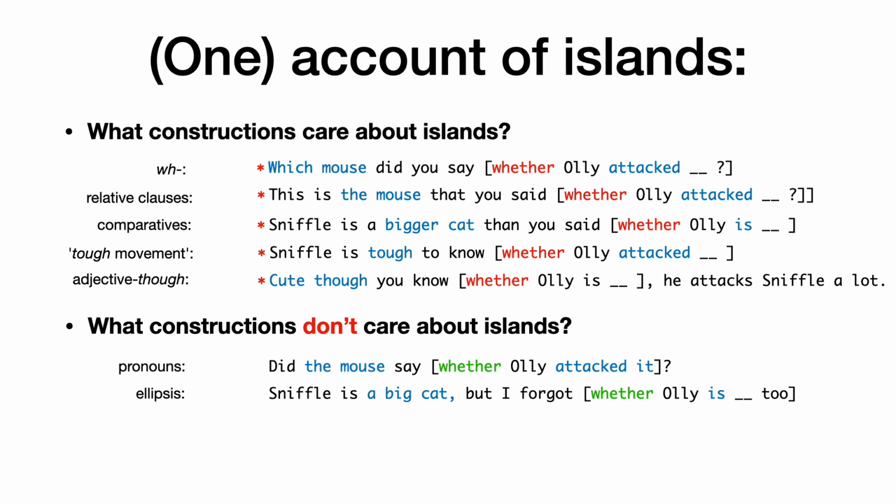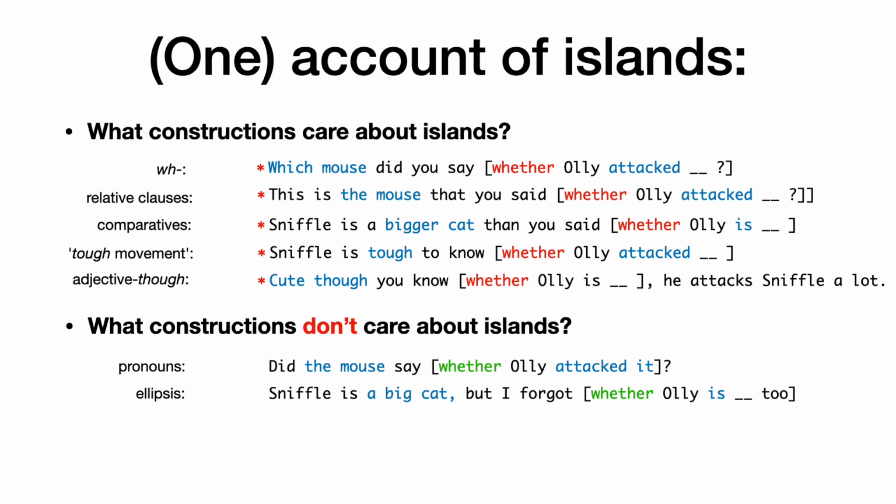For Chomsky, and again, as a basic assumption of theoretical generative syntax, WH dependencies, relative clauses, comparatives, tough movement, and adjective though constructions all involve movement of something, right? You move the WH phrase, maybe you move the adjective in the adjective though type constructions, maybe you move the subject in tough movement type cases, maybe you move something else actually, right? This is, again, one of the things that we have to try to give an account for.